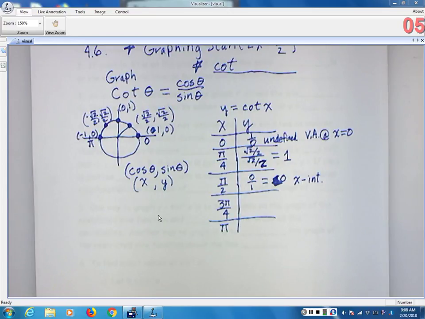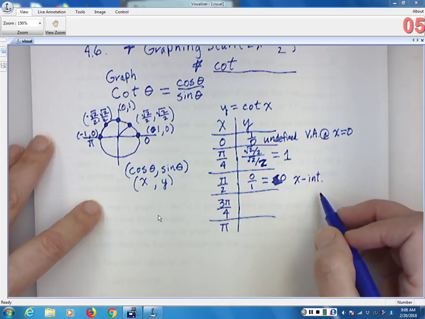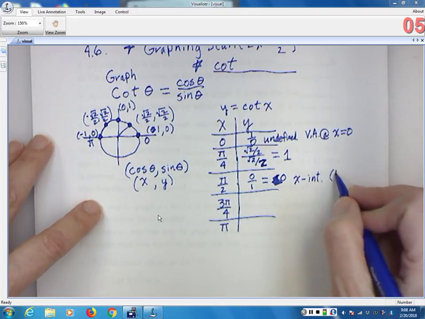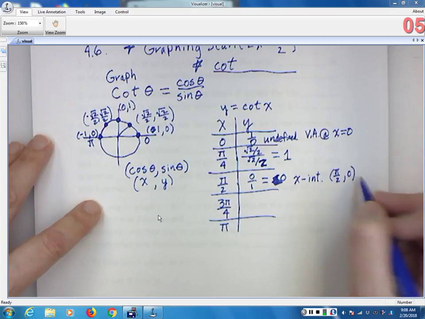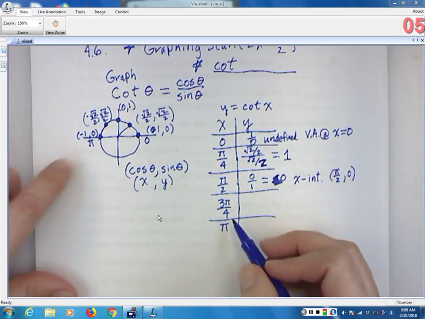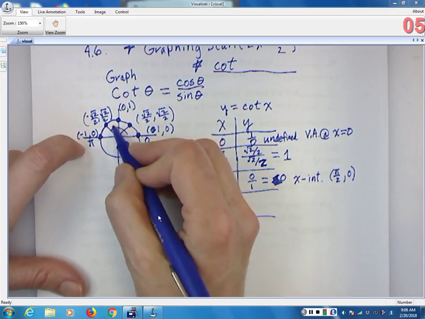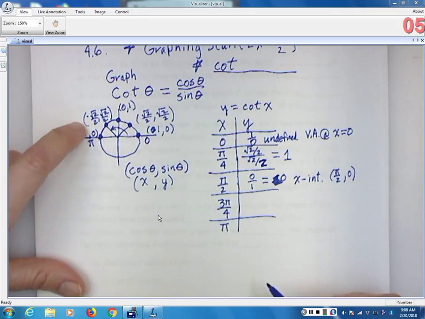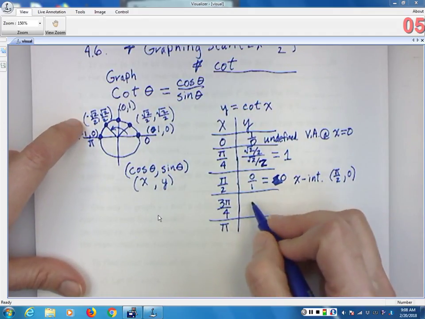Okay. And then that's 0. The x-intercept is pi over 2, 0. We're going to graph it. 3 pi over 4 is here. So we're going to get minus 1 when we put those over each other.